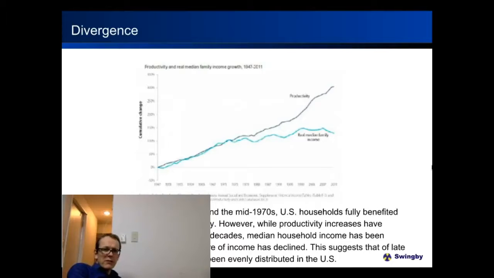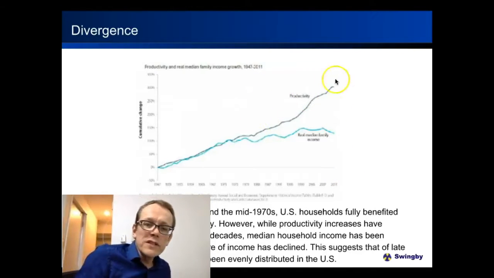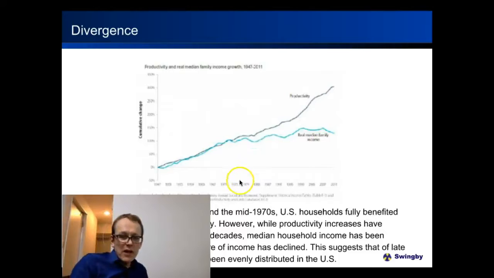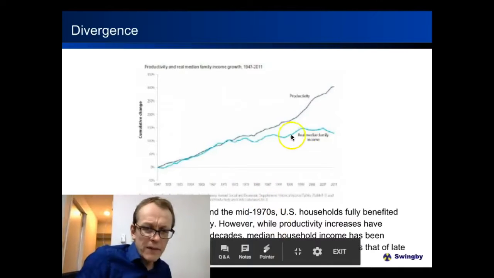When we look at the productivity and real median family income growth between 1947 and 2011, we see that they have started to grow apart since roughly around 1975, 1979.